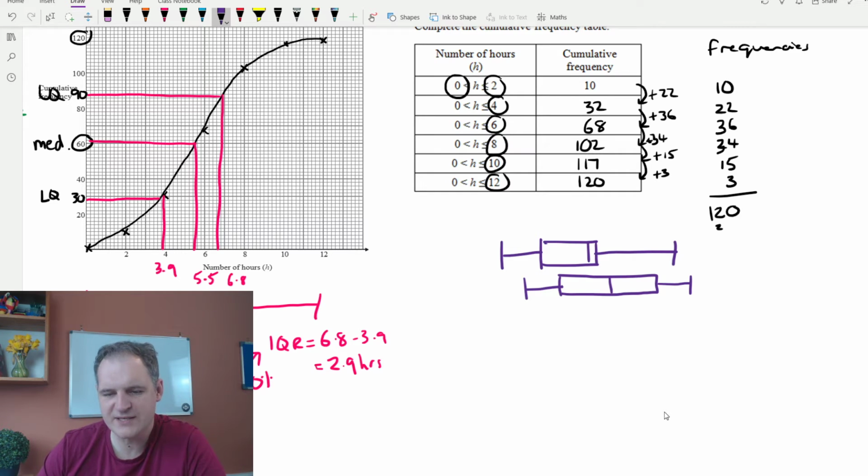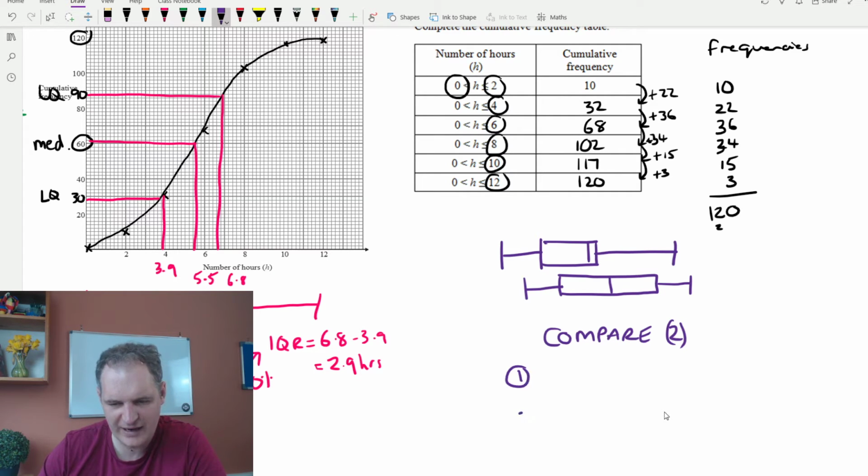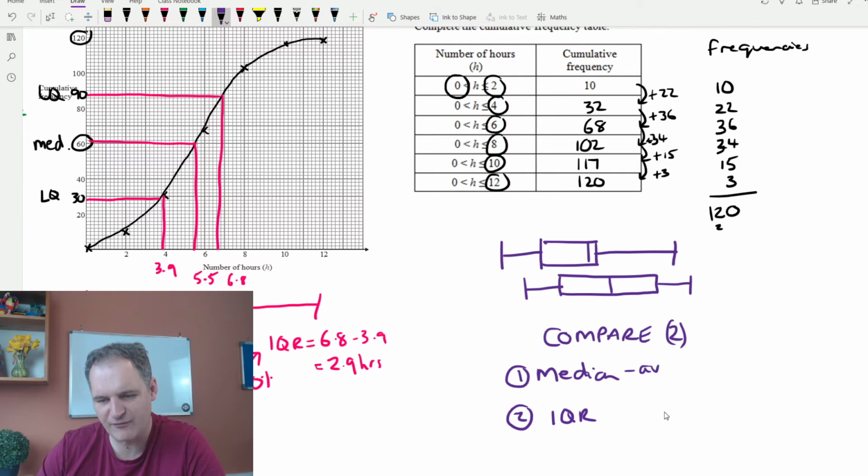When they say compare, they will always offer 2 marks and they will always want 2 points, and there's no flexibility here. The first point must be median, the second point must be interquartile range. This is an average, and you always have to add to both of these the context of the question.